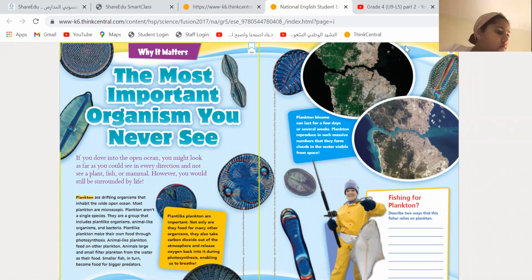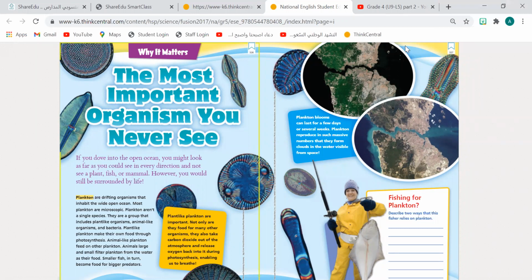These organisms, I don't think you can see them with your own eye at all. Do you know what we call them? We call them plankton.